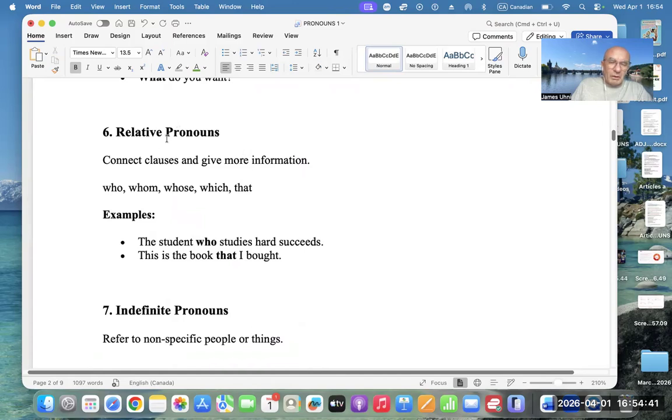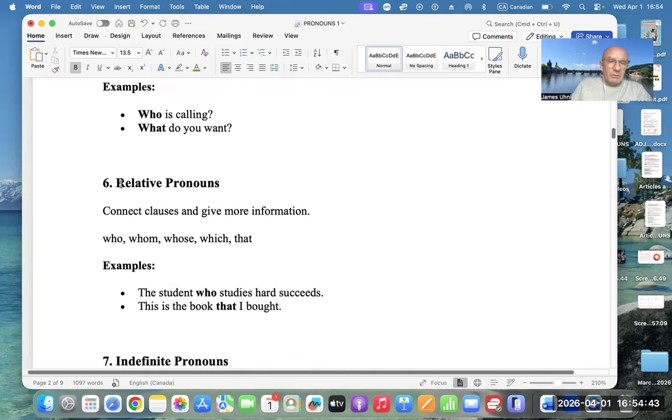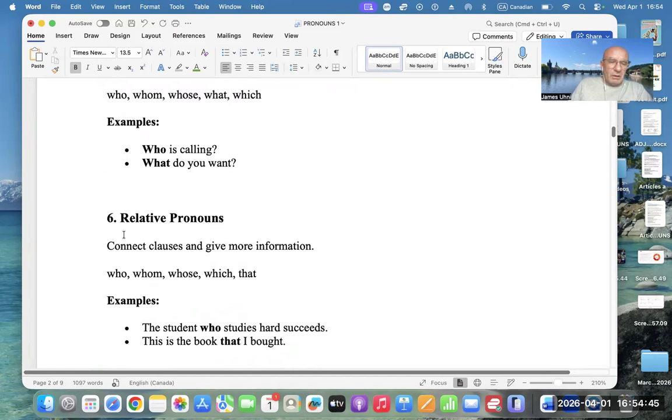A relative pronoun. Again, look at this. Relative pronouns connect clauses and give more information. What are clauses? Well, clauses are part of a sentence. Who, whom, whose, what, which, that.